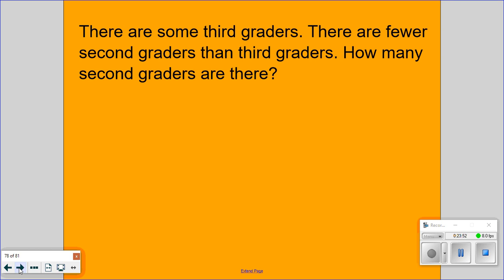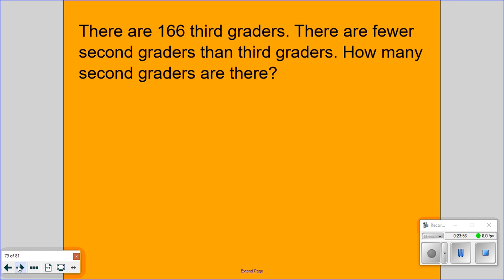Let me give you some more information. You ready? There are 166 third graders. There are fewer second graders than third graders. How many second graders are there? What could be an amount of second graders?